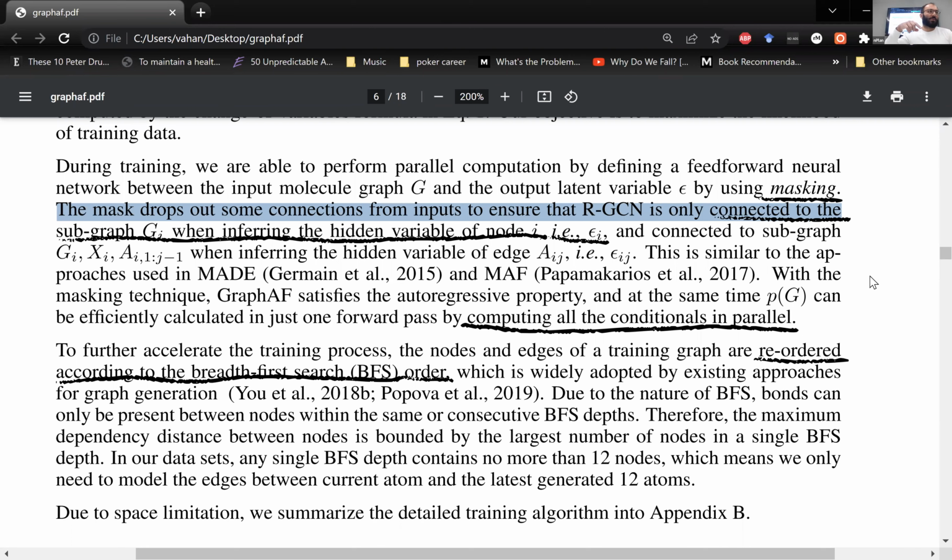So if you mask out these edges on your existing graph, you train on that.